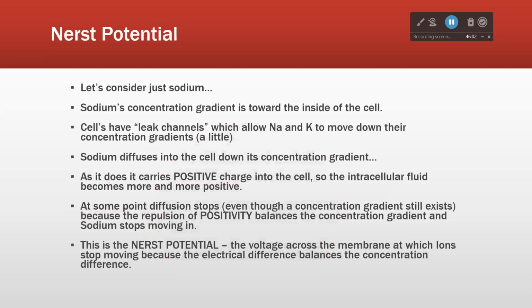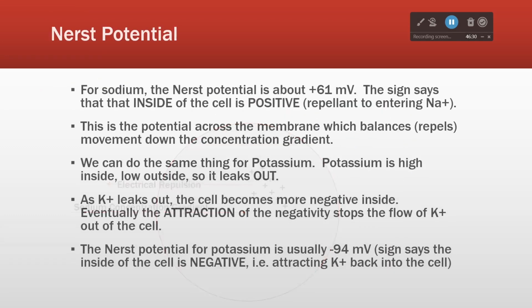Okay, did I say it pretty much like that? Yeah. The voltage across the membrane, the voltage difference, how much positive inside is there at which the sodium ions stop moving because the electrical difference balances the concentration difference. Okay, so it's like two forces. Concentration is trying to push it in, electricity is trying to repel it back out. At some point, those two things are in balance, and we call that the Nernst potential.